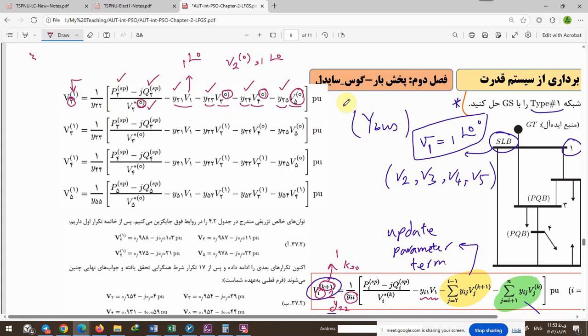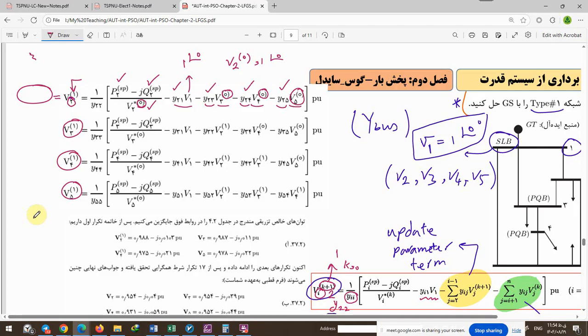All of the parameters in this equation are determined and you can find it using a calculator, and the first iteration of V2 is determined or clear here. Also V3 in first iteration, V4 in first iteration, V5 in first iteration are determined.